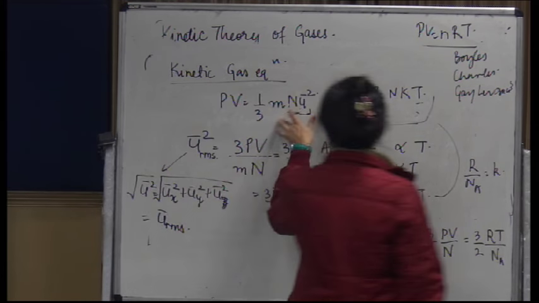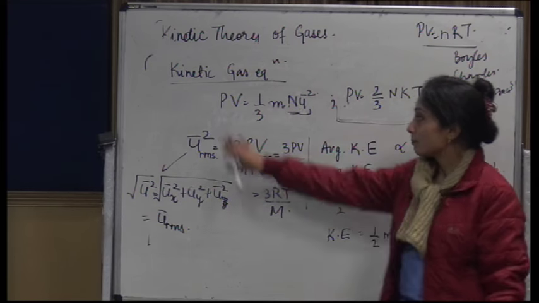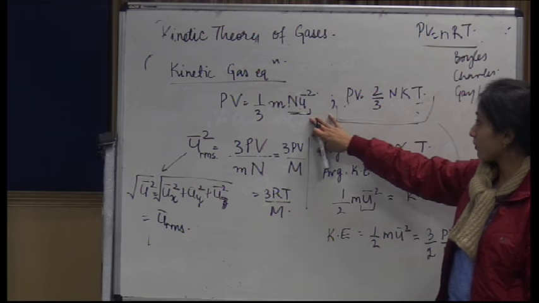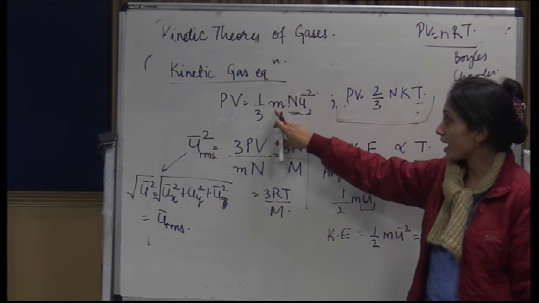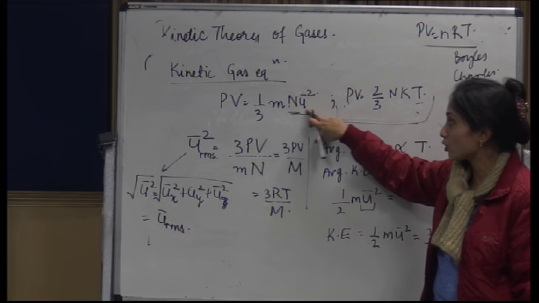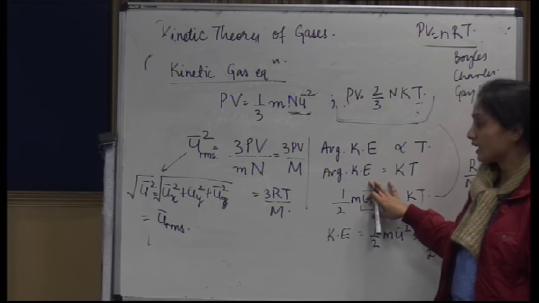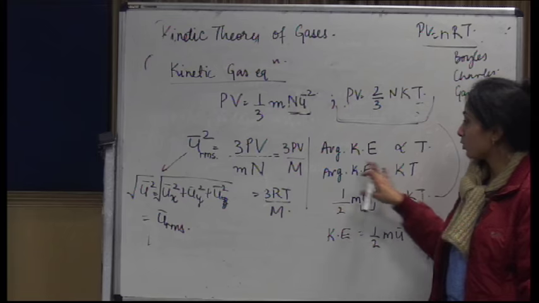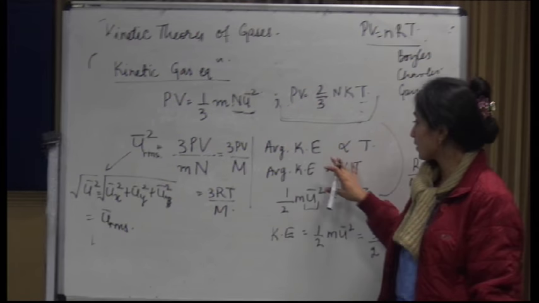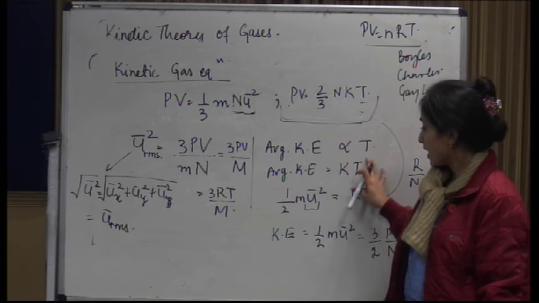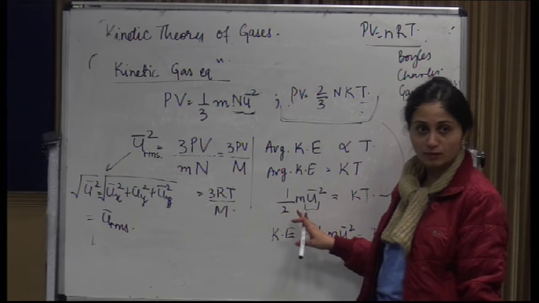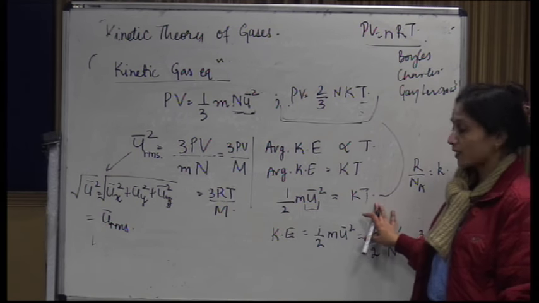Then here we also stated that PV is equal to 1 by 3 mNu square. So I can replace this u bar square from my kinetic energy relation with temperature. I know that my average kinetic energy is directly proportional to temperature, and I know kinetic energy is equal to half mu bar square, that's half m into velocity square, that will be equal to kT.